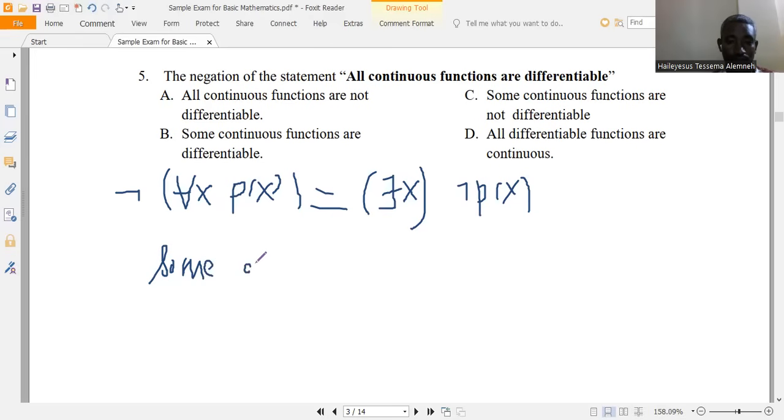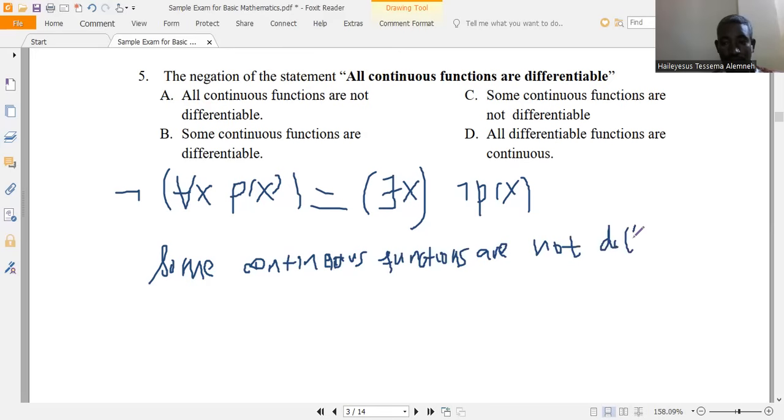Some continuous functions are not differentiable.